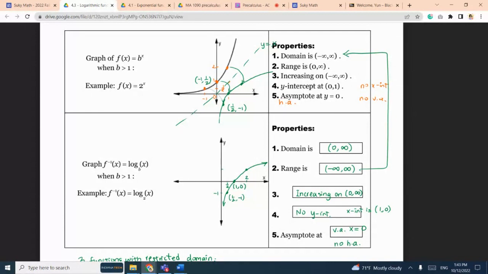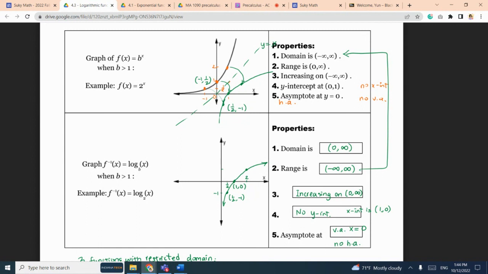And we have a vertical asymptote. See? The vertical asymptote is x equals 0. And we do not have a horizontal asymptote. Right, everybody? You see, for the exponential function, we have a horizontal asymptote. But when we flip it over here, it becomes the vertical asymptote.